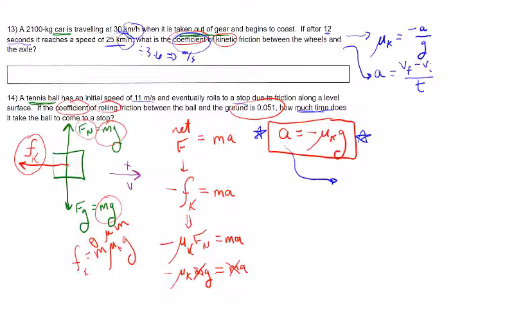If I rearrange it, taking my t and my a and switching places, time would equal the change in velocity over my acceleration, and then I can find my time that way. Notice in problem number 13, they gave us the mass, but the mass cancels, so we don't need it. And in 14, they didn't give us the mass, so we didn't need it. Just wanted to point that out.